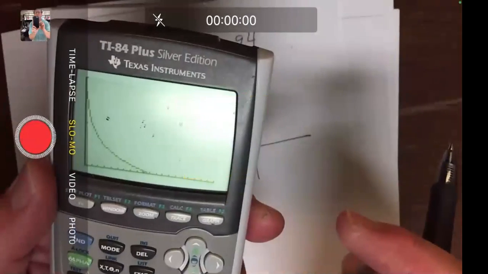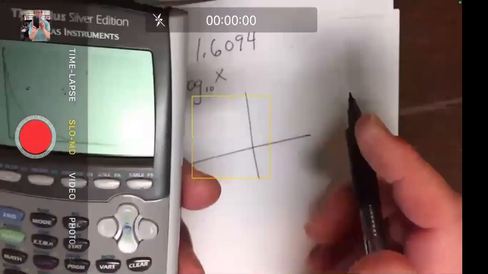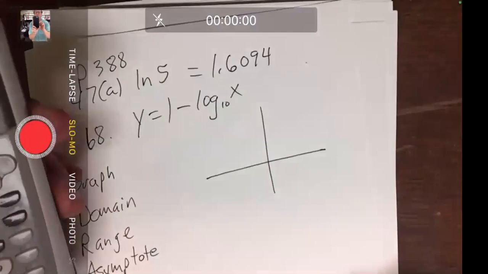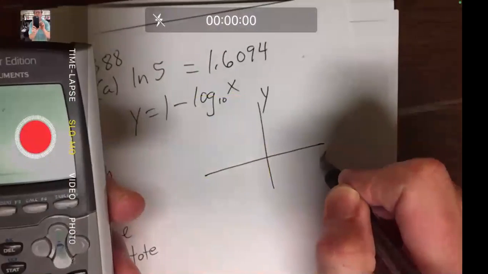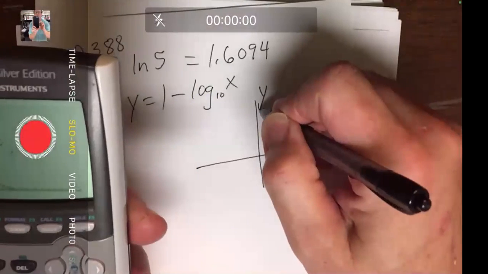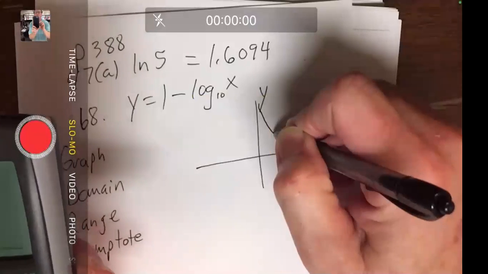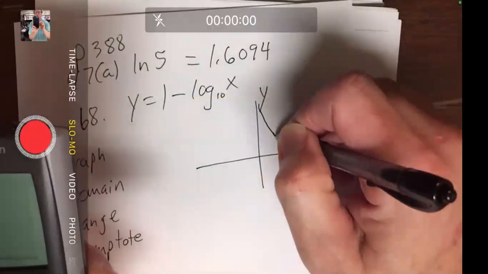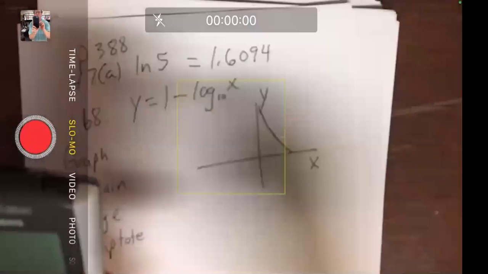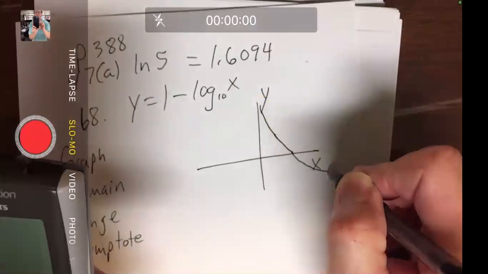Okay. Yeah, what's going on? It's approaching the y-axis as an asymptote, but you can see it's actually crossing the x-axis. It's not really showing anything below the x-axis, but it is crossing and kind of going off.